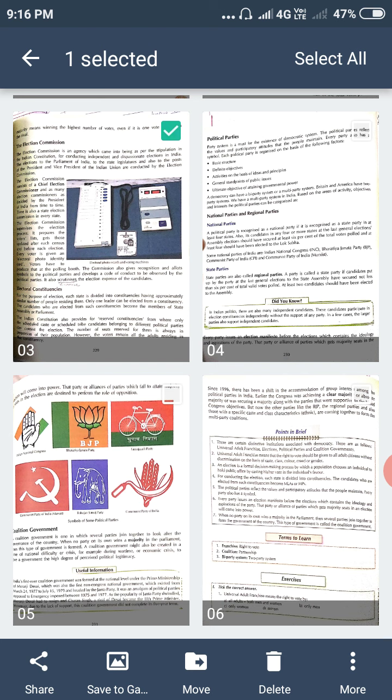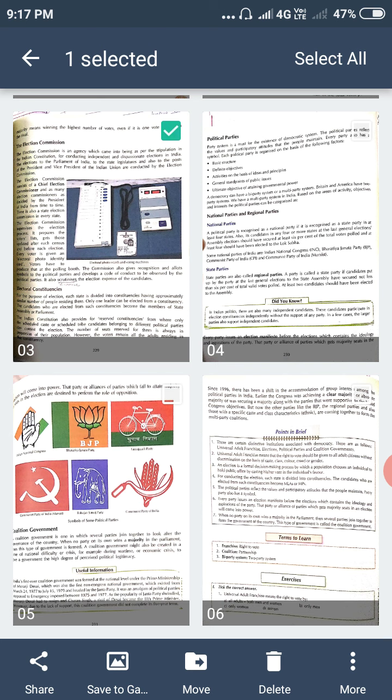Now here it means that a party should get 250 plus 1 seats, or you can say 251 seats. Why? Because the condition to secure majority is to get 50% plus 1. अब 500 का 50% क्या हुआ? 250 plus 1, 251.